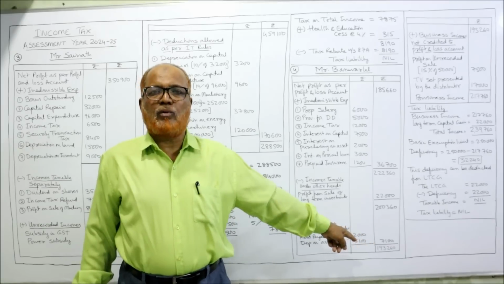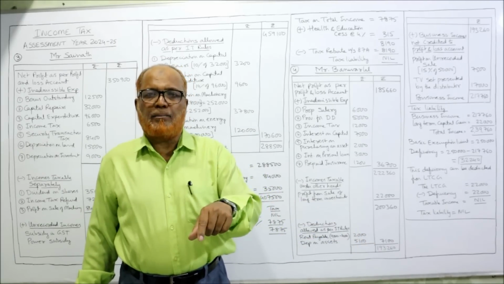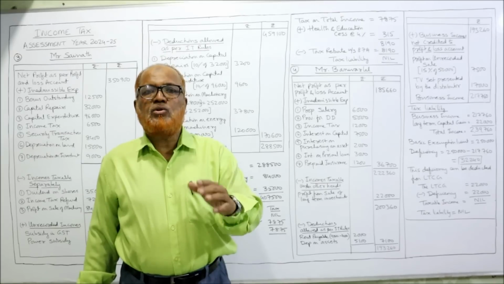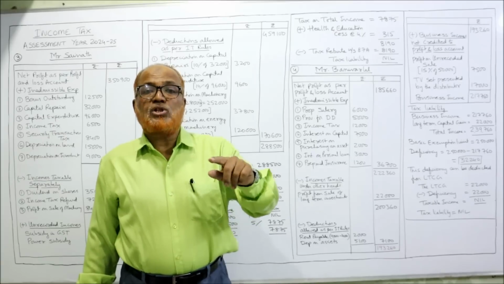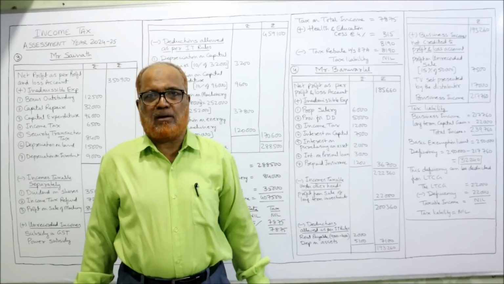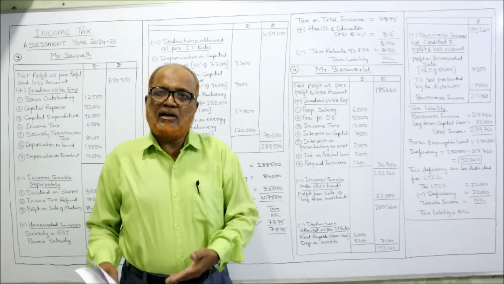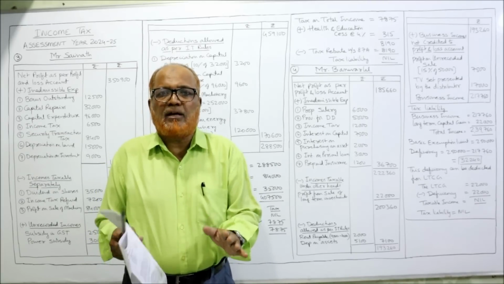So in working note you write down, bad debts recovered is a business income because it was allowed as deduction earlier. If it was not allowed as deduction earlier, then it will not be a business income. Right? Here it was allowed as deduction, so now it is a business income, nothing should be done.